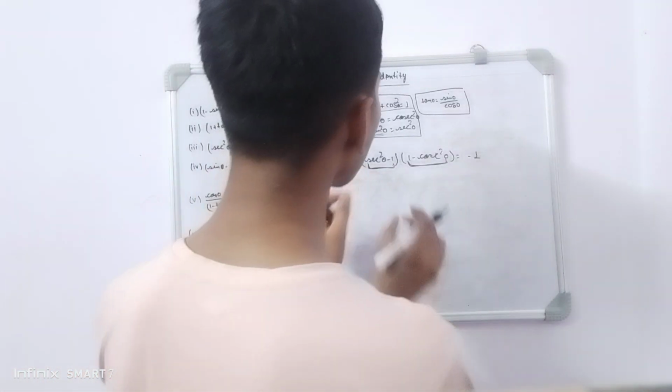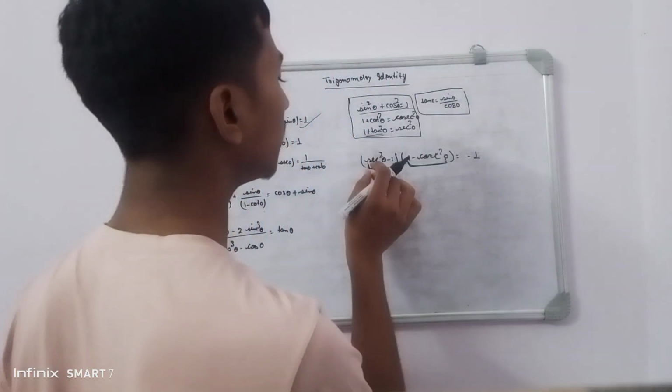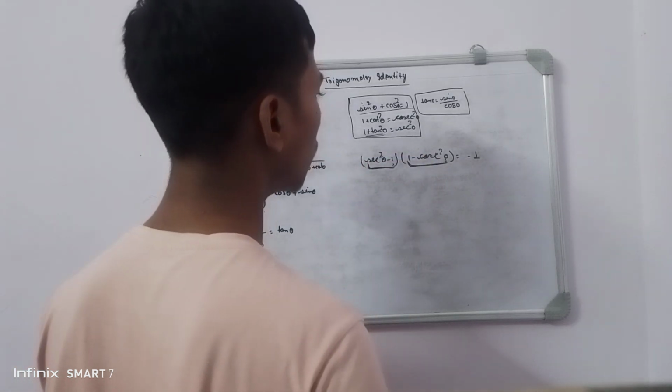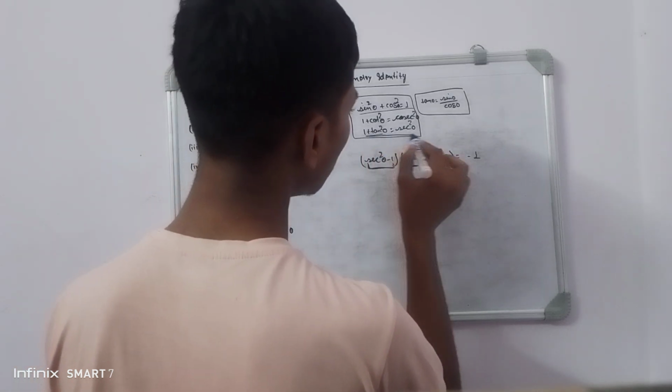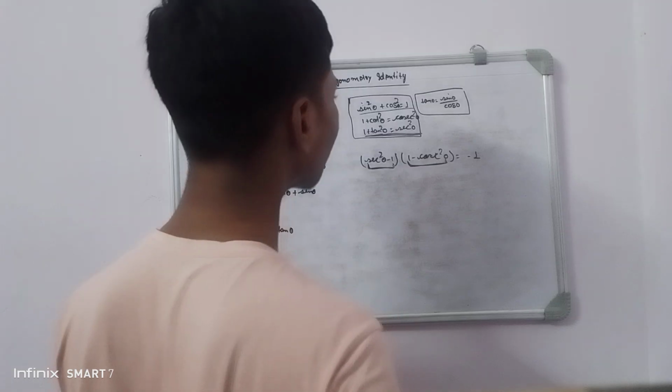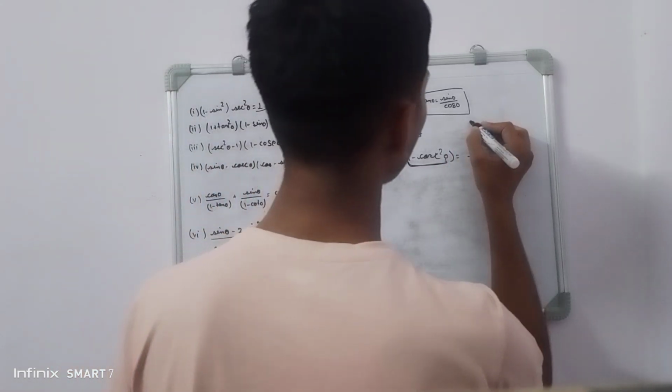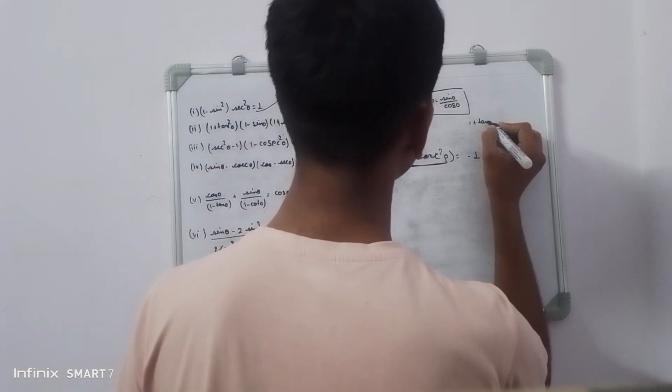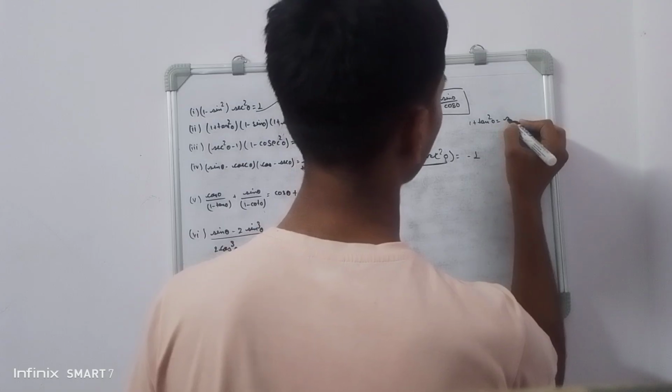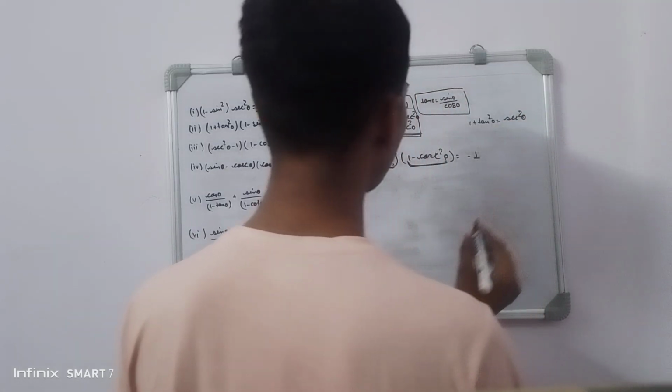But what do we write in place of sec square theta minus 1? In this identity you have sec square of theta: 1 plus tan square of theta is equal to sec square of theta.